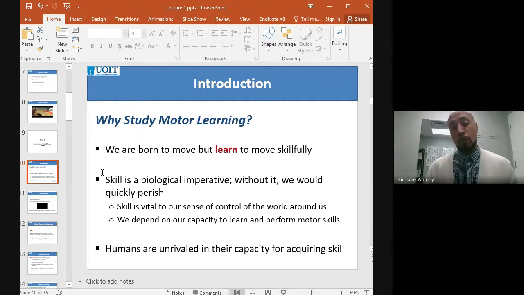Well, why do we want to study motor learning? And the reason is because even as kinesiology grads, there's so much that can be utilized in understanding how we control movement in all different ranges of fields in health and in sports performance.